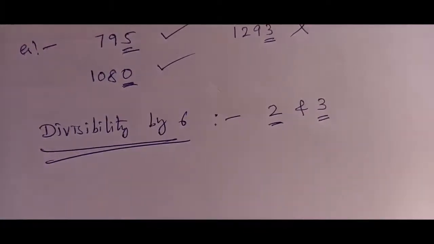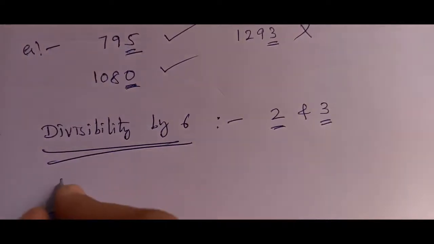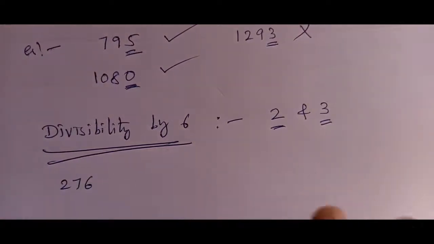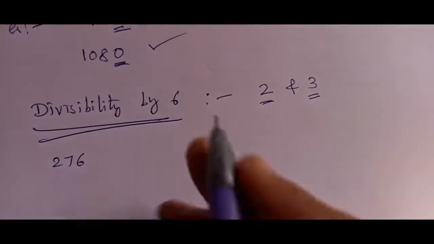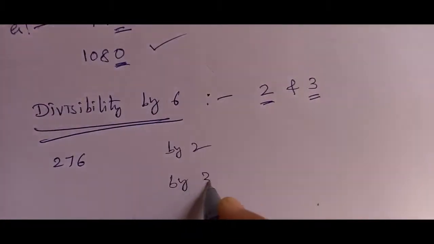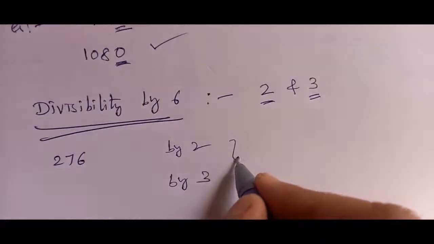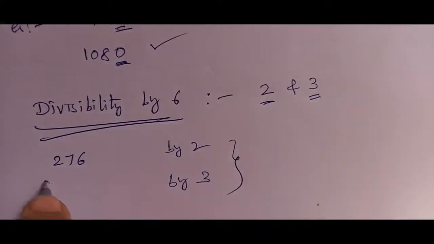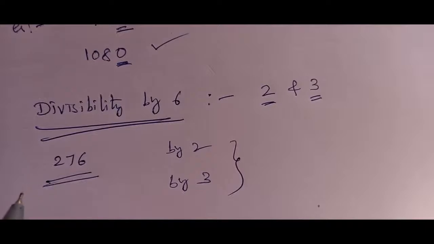Let's take one example, 276. First you need to check divisibility by 2, then by 3. If it is divisible by both, then it is divisible by 6 also.